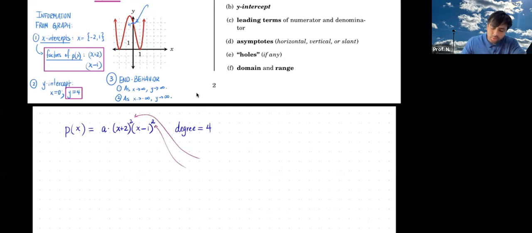So this 2 and this 2 is because the graph of P of x "bounces back" at the x-intercepts, which means their multiplicity is even.